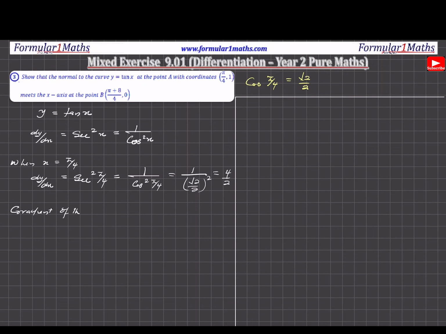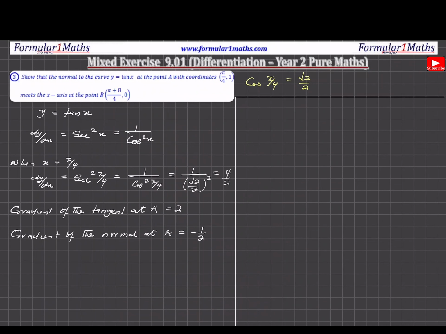So we can say that the gradient of the tangent to the curve at A is equal to 2. That means the gradient of the normal at A is equal to minus 1 over 2.